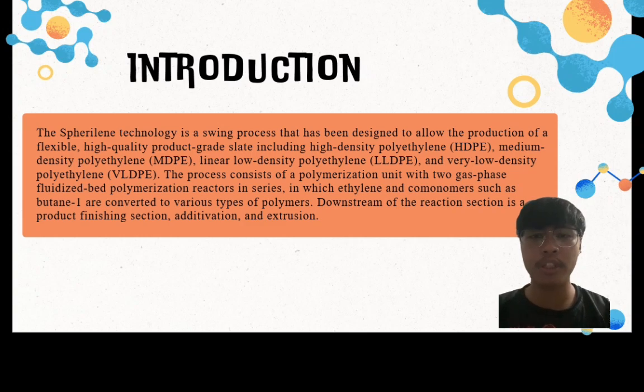The process consists of a polymerization unit with two gas-phase fluidized bed polymerization reactors in series, in which ethylene and comonomers such as butene-1 are converted to various types of polymers. Downstream of the reaction section is a product finishing section, additivation, and extrusion.